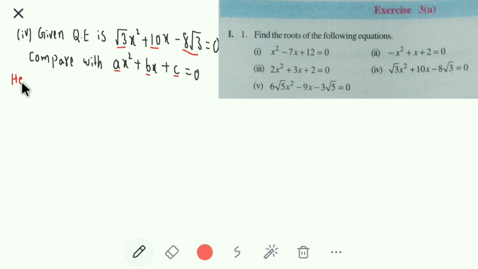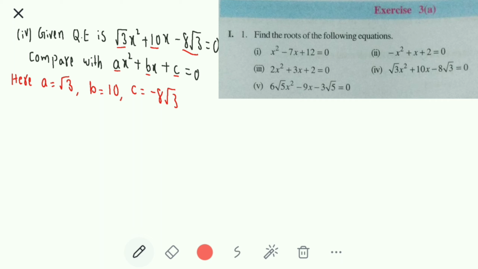Here a is equal to under root of 3 and b is equals to 10 and c is equal to minus 8 root 3. So in this question, we have to find out the roots of the given quadratic equation.